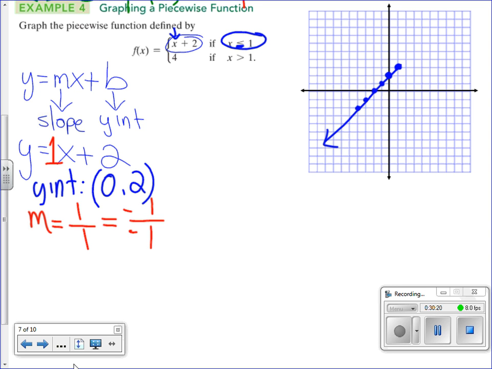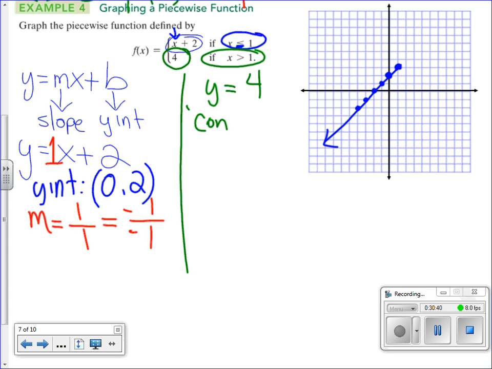Now the second part of the function is here. What type of function is that? Constant. Thank you, Jose. So this is a constant function.